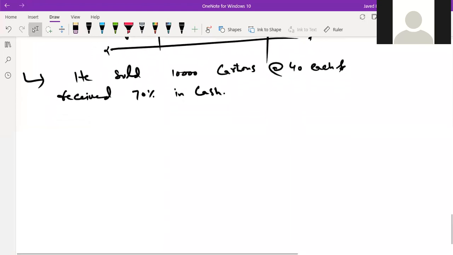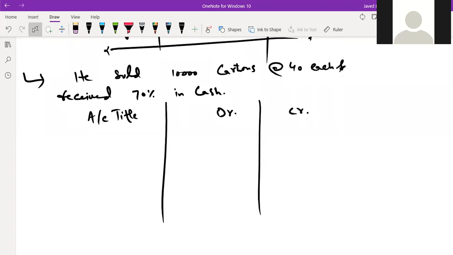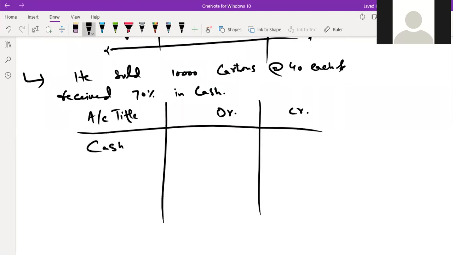So you are receiving cash, so your cash will be debited, which is 70%. How much is the transaction worth? 10,000 into 40, 4 lakh. So this would be 400,000. So of 400,000, you're receiving cash 70%. So this is 280,000.